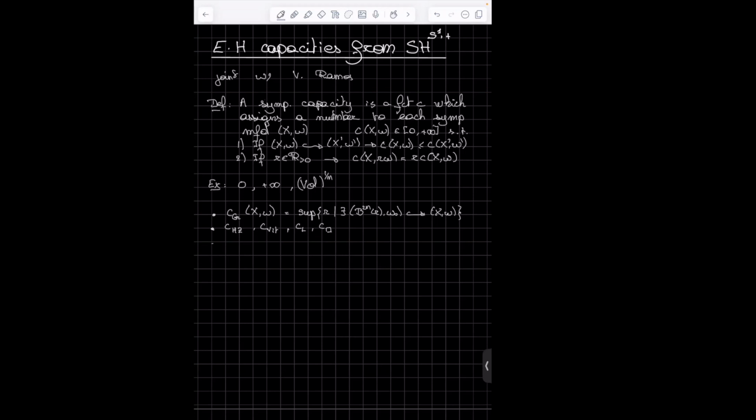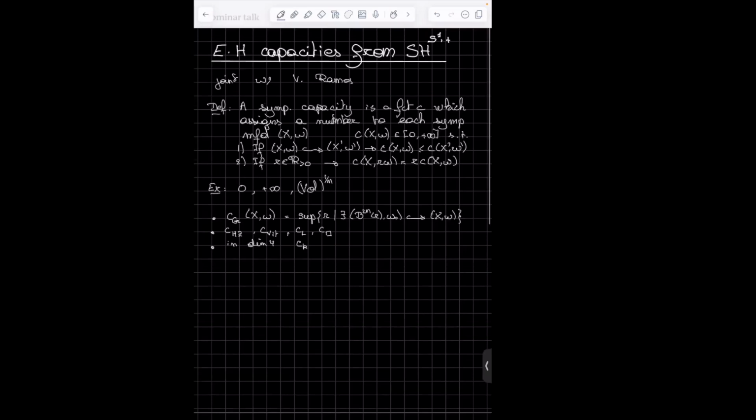And then there are also sequences of capacities. In dimension 4, there is a sequence indexed by natural numbers coming from embedded contact homology, defined by Michael.